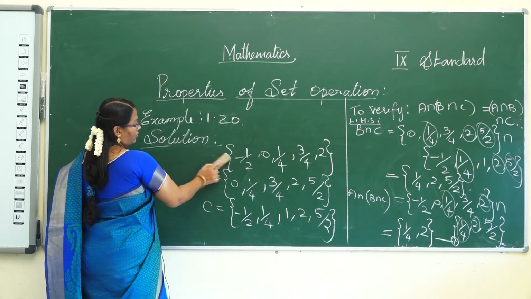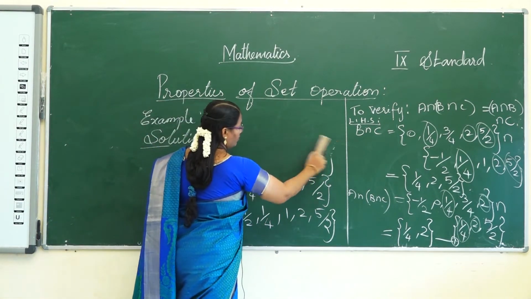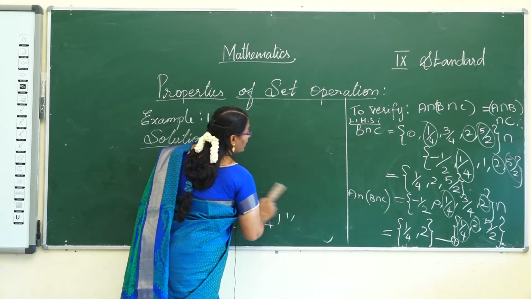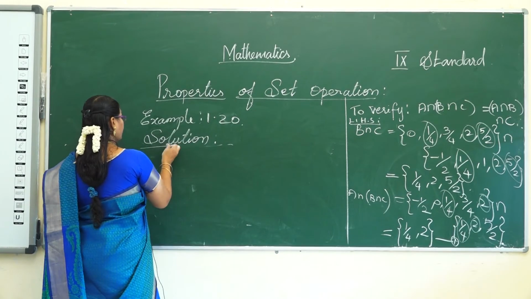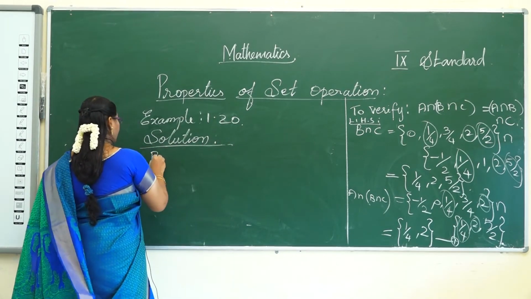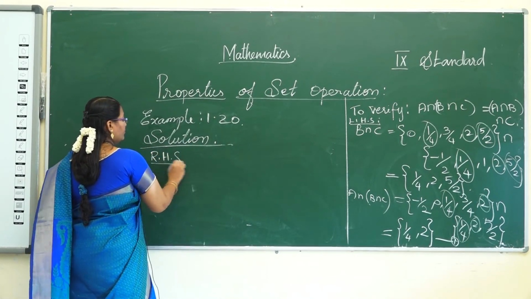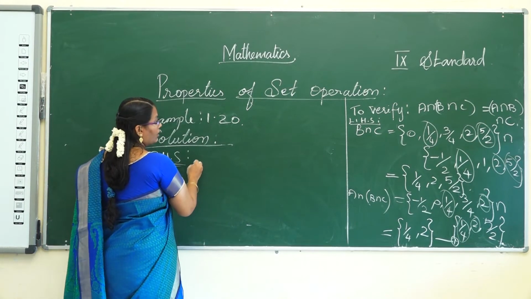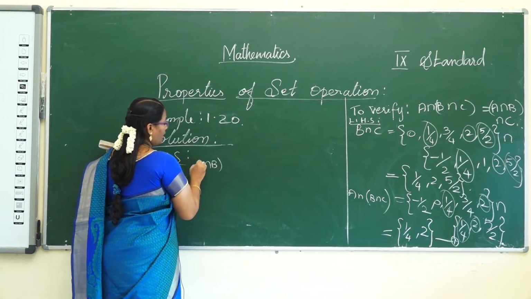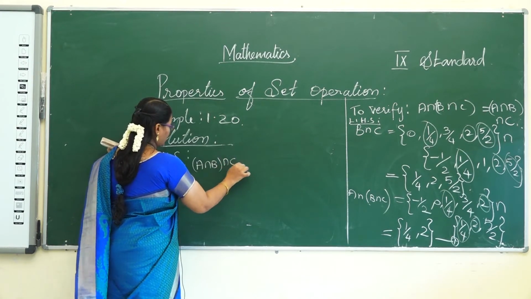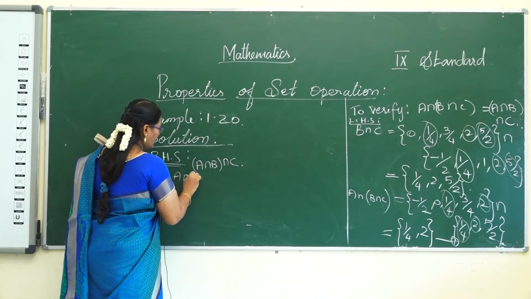Now consider the left hand side: (A intersection B) intersection C. First find the value of A intersection B. Okay.